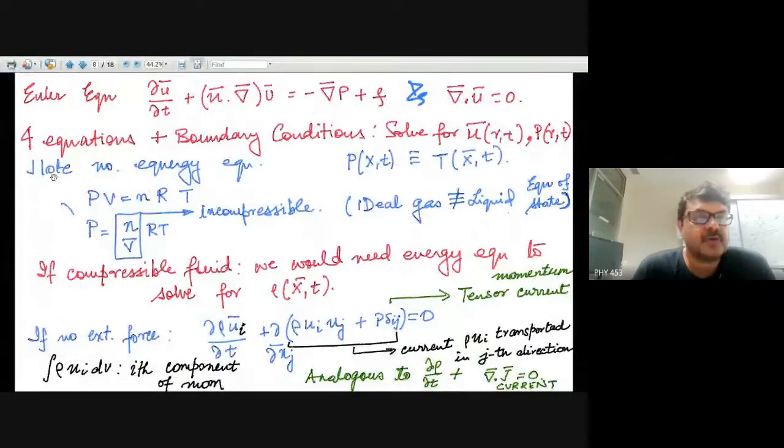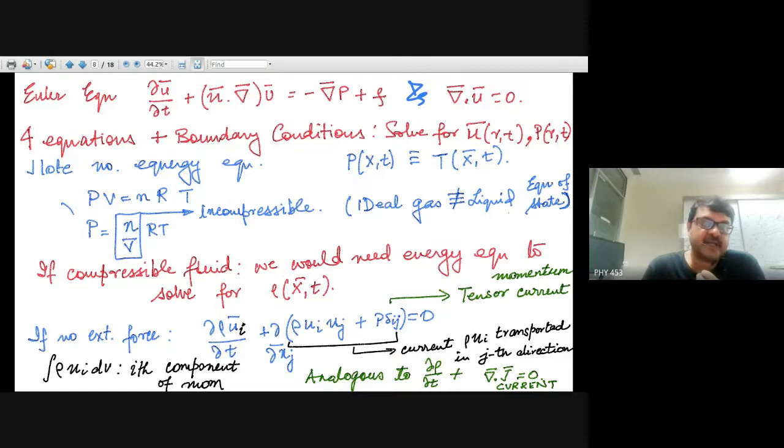Yeah. So note that there's no energy equation because suppose the fluid was an ideal gas, then you can relate the equation of state P equal to nRT, which is a relation between the pressure, the volume, the temperature, and the number of moles. So these are four quantities, and there's a relation between these.